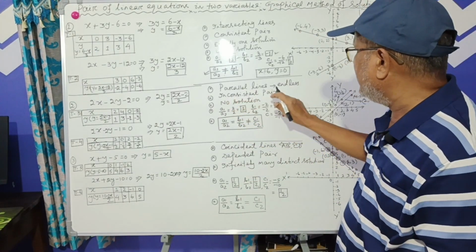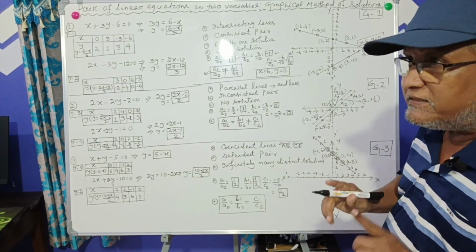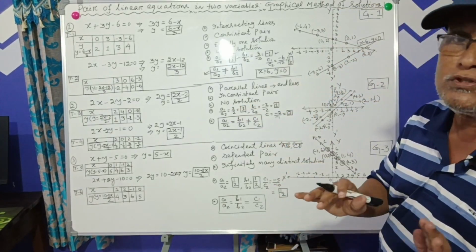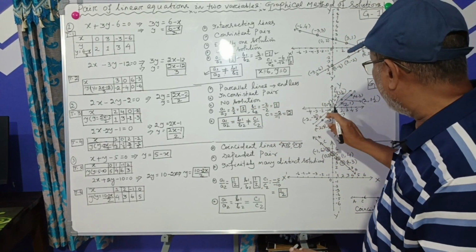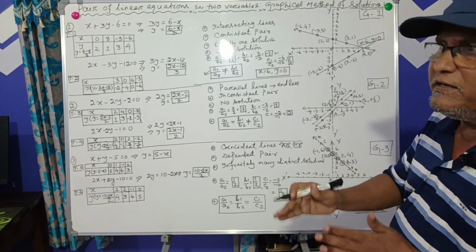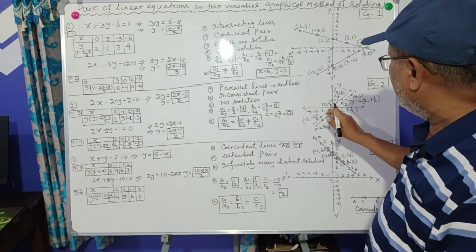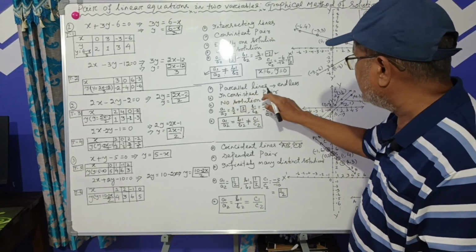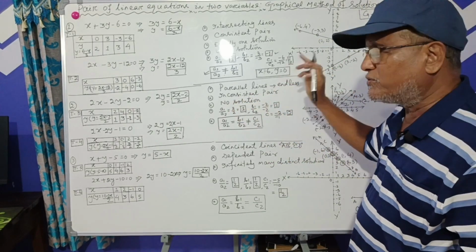Since they don't intersect, they don't have a solution, no solution. In the case of parallel lines, there is no possibility of intersecting, so this is called an inconsistent pair and they have no solution.